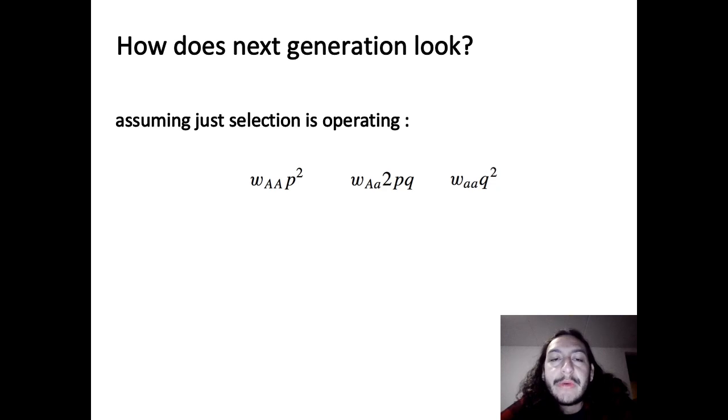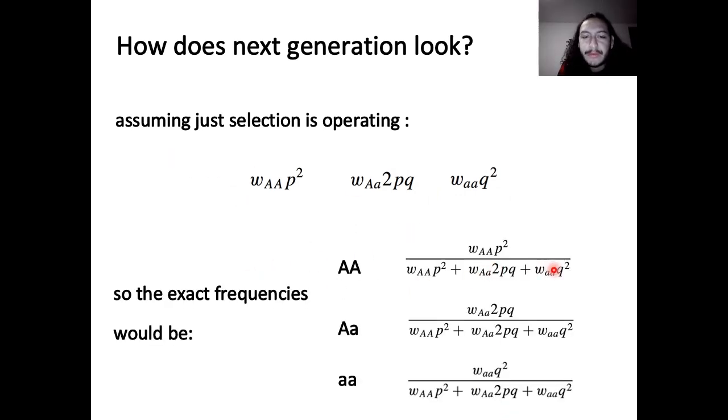We are going to adjust the values here to the frequency of each genotype. So here we're going to be able to quantify the relative fitness of each genotype by taking its fitness times the frequency of the genotype in the population, divided by the average fitness of the population.